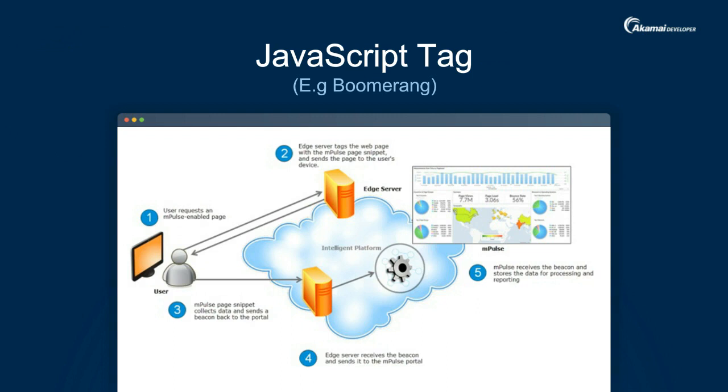So let's talk a little bit about the JavaScript tag. And for today, I'm going to use Boomerang as an example. The Boomerang library is an open source solution, and it is actively developed by Akamai. It is used by numerous companies, both for their own homegrown solutions and also by some RUM service providers as well. It is a small JavaScript snippet.